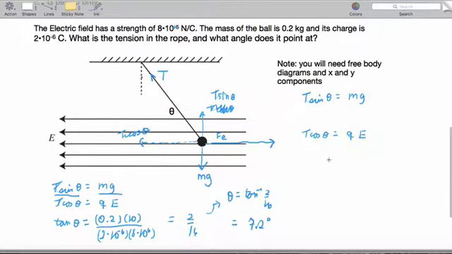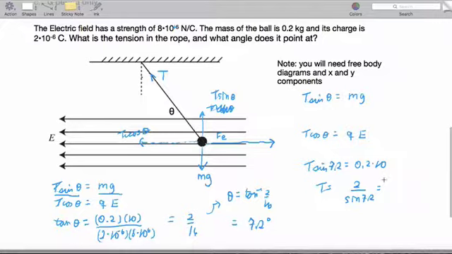Now we can go and get the tension force. T times sine of theta, that's T sine of 7.2, equals mg, which is going to be 0.2 times 10. So T is going to be 2 divided by the sine of 7.2. When we work that out, got to get my calculator out.